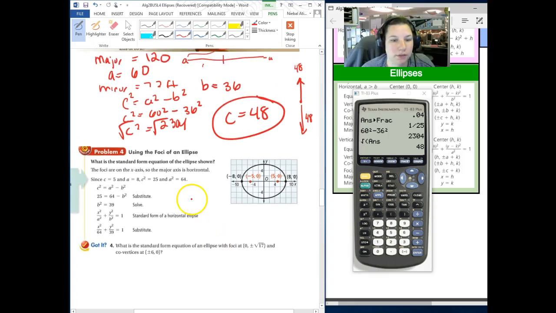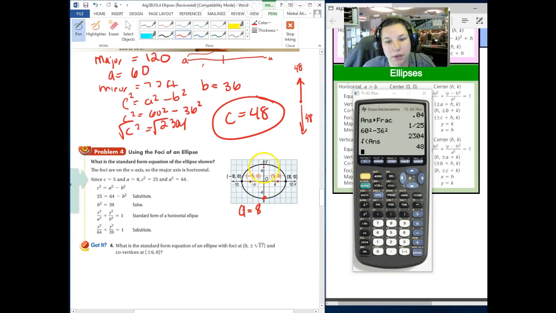For this one, what is the standard form of the equation shown? They give you all your points, right? So this looks longer around horizontal. So that would mean that a is 8. Okay. And our b are these vertices.